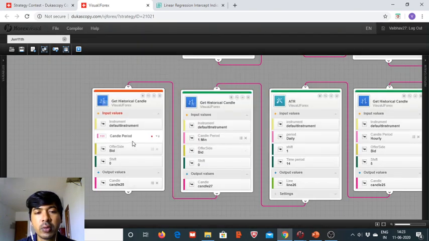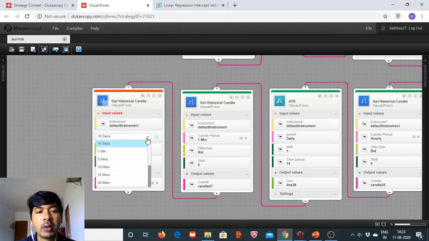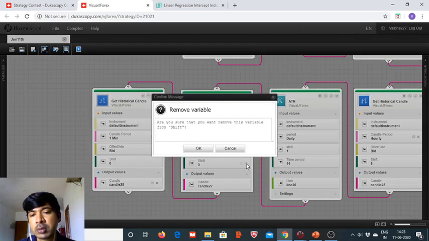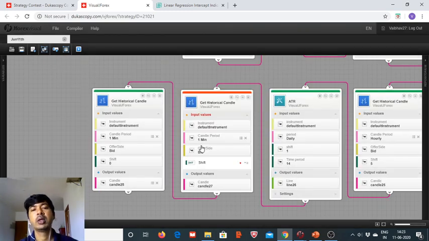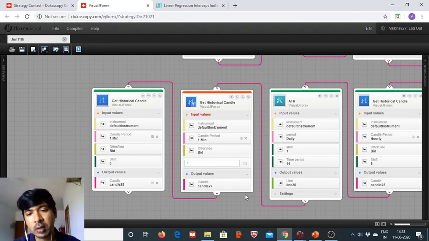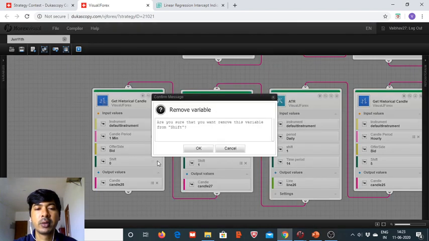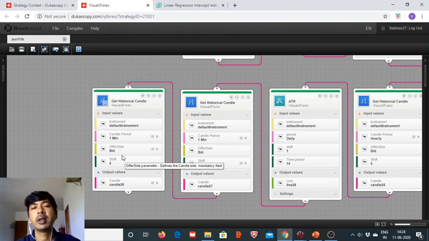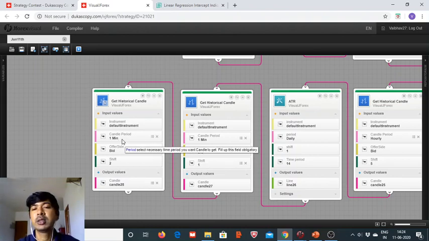This also 1 minute, and shift needs to be converted to 1 and 2. So this will be last minute's candle, and then the candle prior to that, the penultimate candle, defined for 1 minute each.